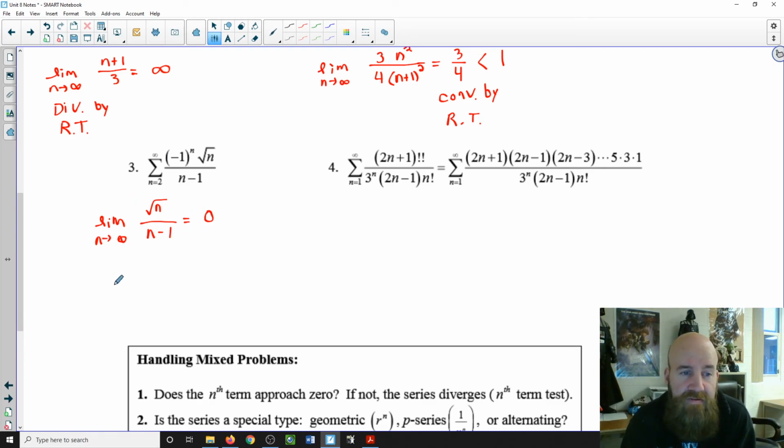So we can say that this converges by alternating series. I know it wasn't a ratio test example, but I wanted to show you sometimes the ratio test is not going to work. So remember, whenever the limit is 1, we have to move on to something else.